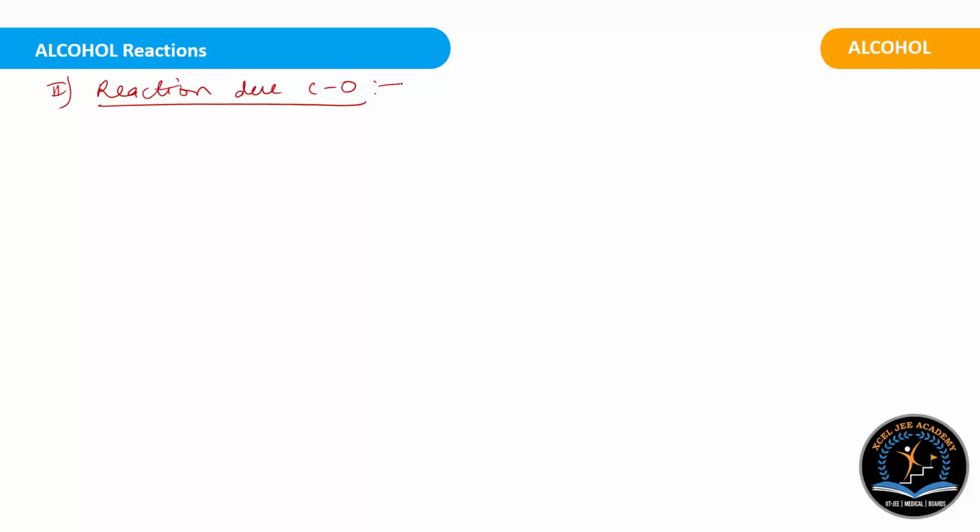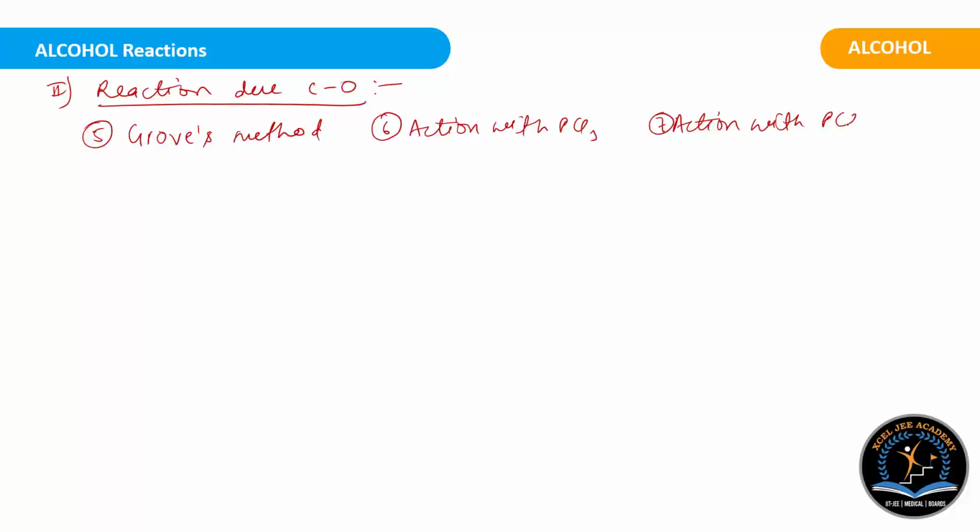Now in this category we again have 4 reactions: the fifth one is Groove's method, then the sixth is action with PCl3, the seventh is action with PCl5, and the eighth one is SOCl2. So these are the reactions which we are doing. So the fifth one is Groove's method.